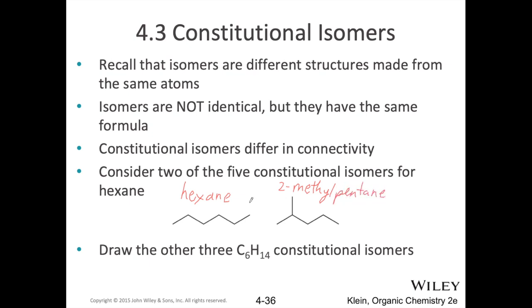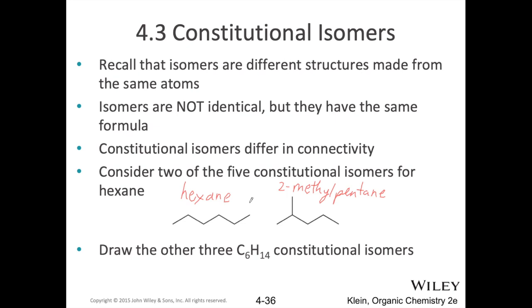I'm pointing this out because this is a really good tool for determining whether a molecule you've drawn is identical to another molecule, or if you've drawn a different isomer. When in doubt, name your molecule. Writing out the name is a surefire way to determine whether two molecules are identical or isomers.